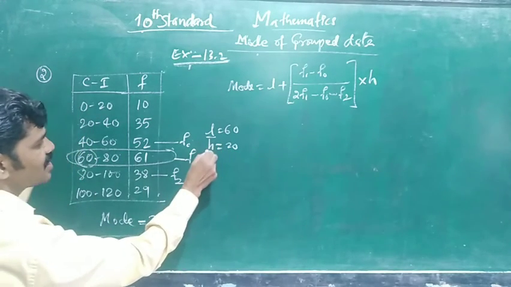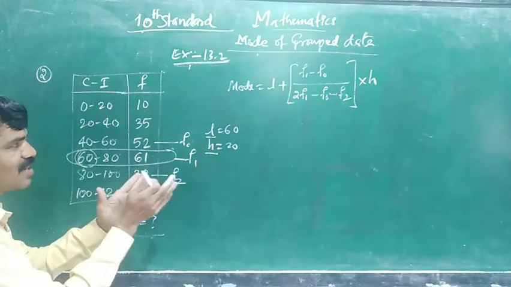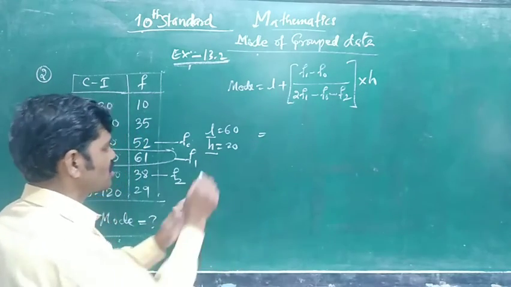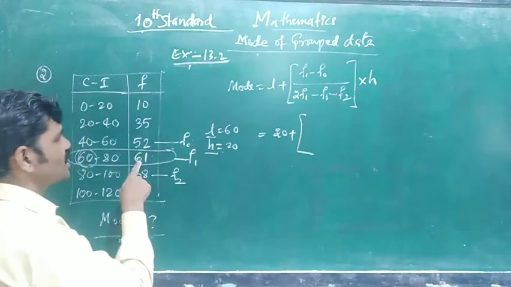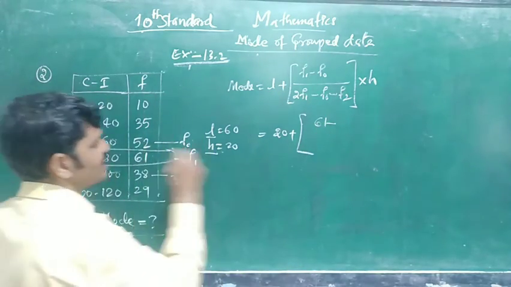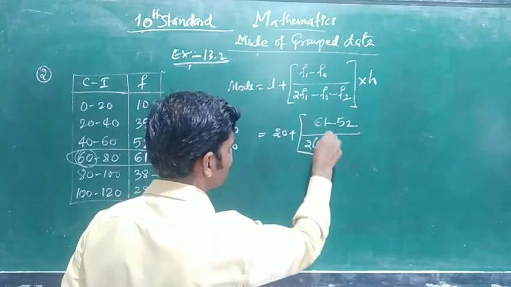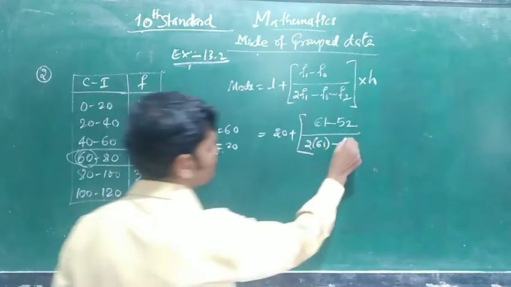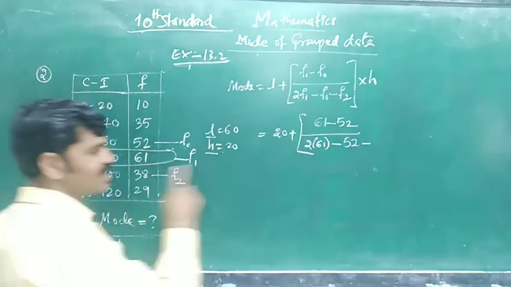H, L, F0, F1, F2, everything is here. The only thing is to substitute. L, that is 60, plus F1, that is 61, minus F0, that is 52, divided by 2 into 61, minus F0, that is 52, minus F2, that is 68.